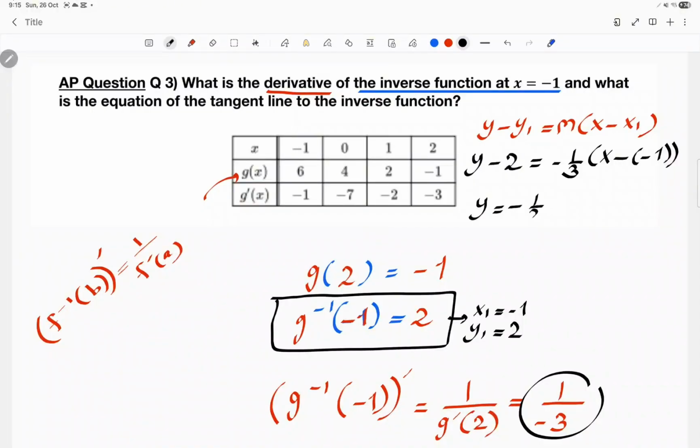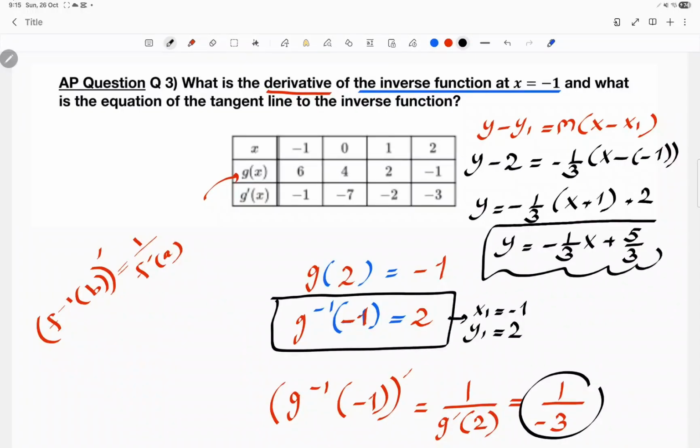So y is equal to -1/3 x plus 1 plus 2. Y is equal to -1/3 x minus 1/3 plus 2. And now if you continue the math, then you will get plus 5 over 3. That's going to be the equation of the tangent line.